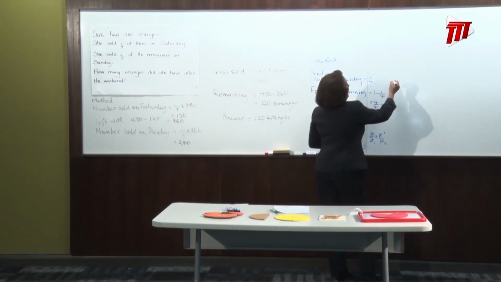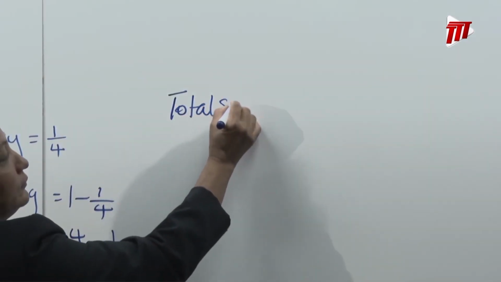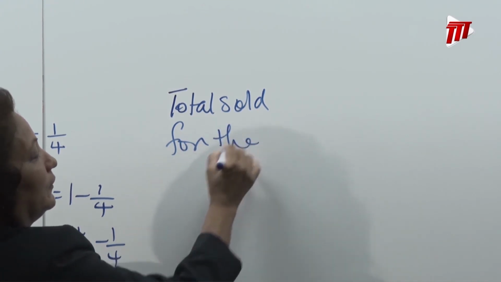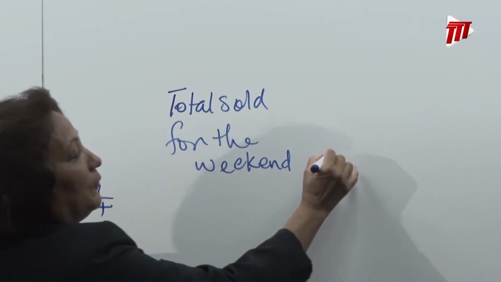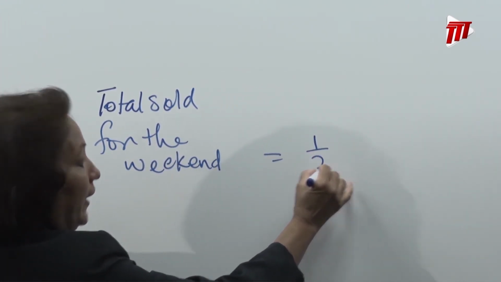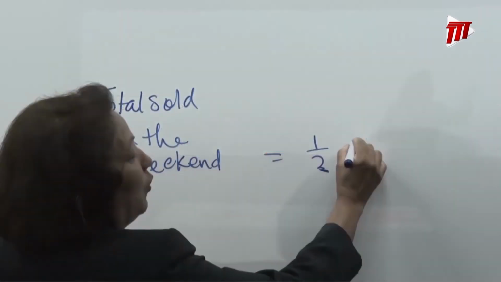So the amount sold would be a half, which was sold on Sunday. That's your half from here, plus your quarter.